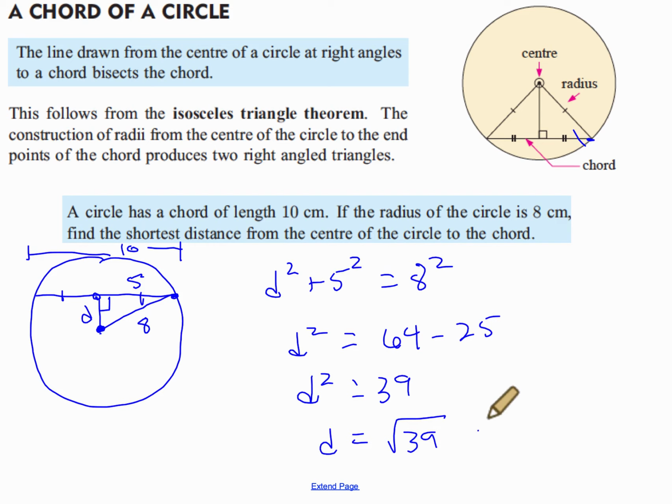And that is approximately equal to 6.24. I kind of like square root of 39 unless we're in a real world situation. This really isn't real world, it's just a circle. But if it was, like how far does a person have to walk, then I like 6.24 better. So this is centimeters, this is centimeters.